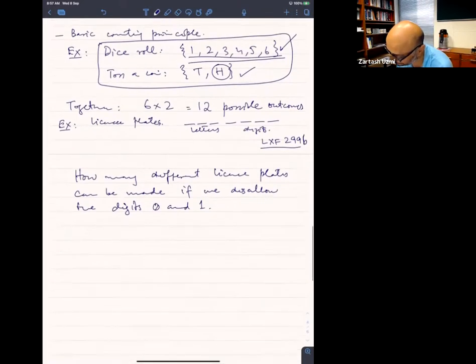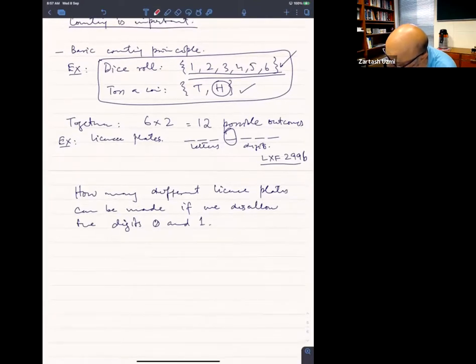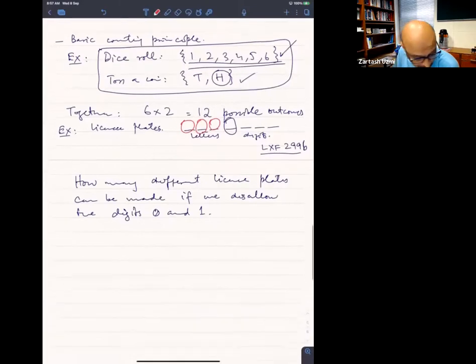If we disallow 0 and 1, then each digit position can take how many different values? 8 different values. 2, 3, 4, 5, 6, 7, 8, 9. ठीक है, वो 8 different values हैं, 0 और 1 नहीं उसमें आ सकते। ठीक है, how many different values the letters can take? ये letters कितनी values ले सकते हैं? 26 different values.